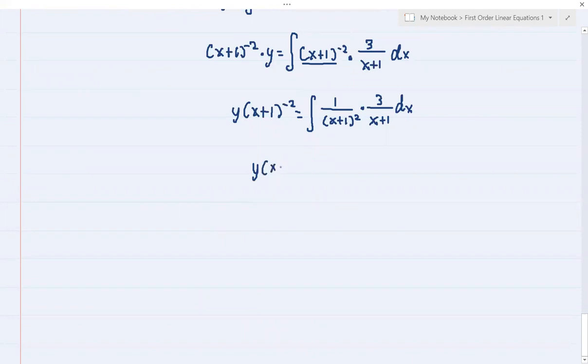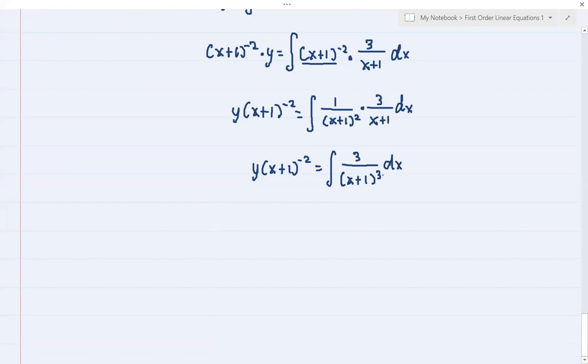So here we will have y times the quantity (x plus 1) raised to -2 is equal to, if you're going to multiply these two fractions, 3 all over quantity (x plus 1) cubed. Okay, that's it.